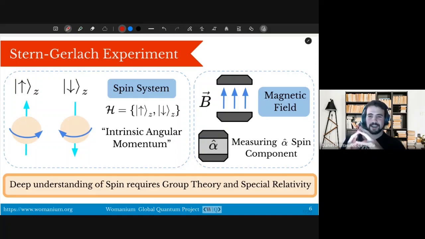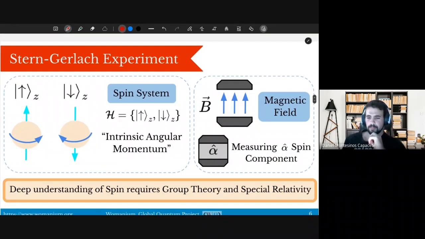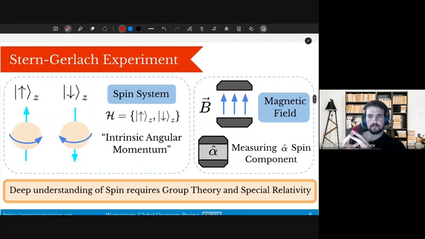Here, I have tried to reduce as much as I can the physical complexity of the experiment, since there are a lot of details. But let's try to understand just a little bit. In the Stern-Gerlach experiment, I will give more detail in the next slide, but we're going to be measuring a property that is called the spin of a particle.